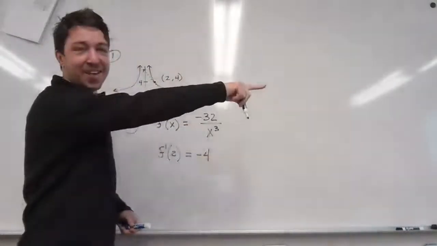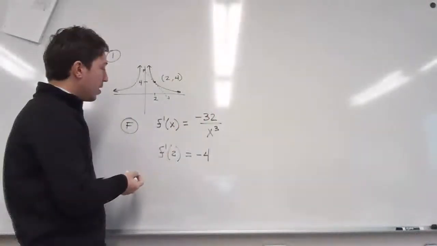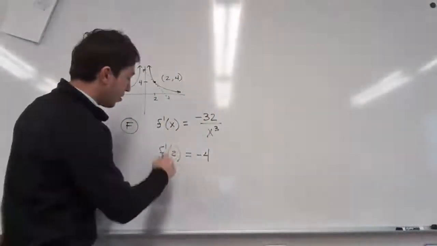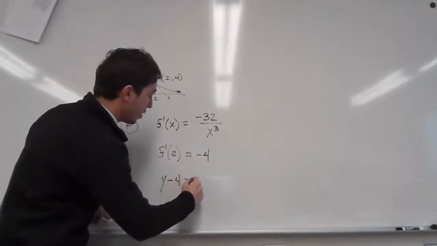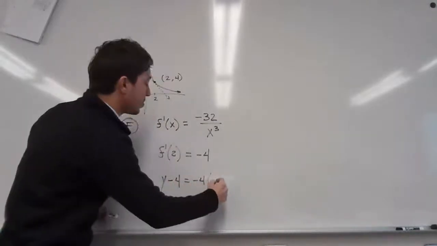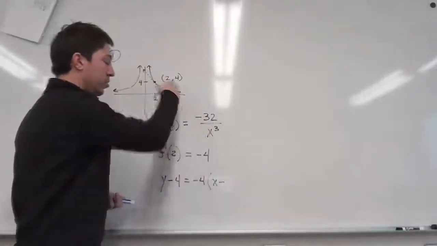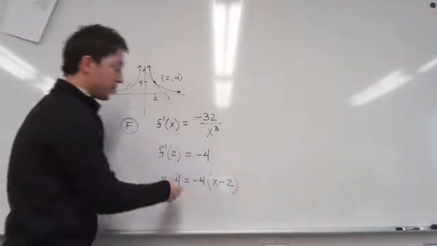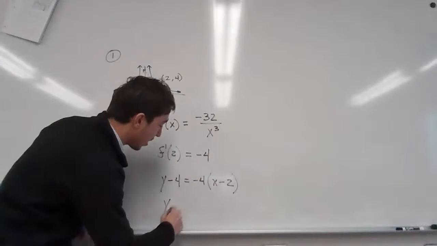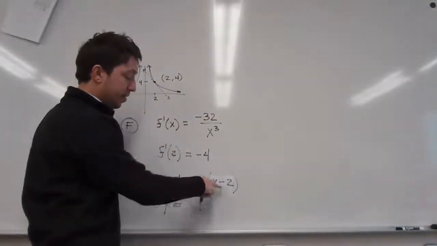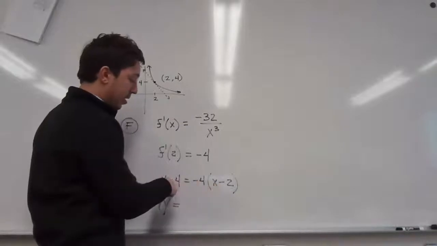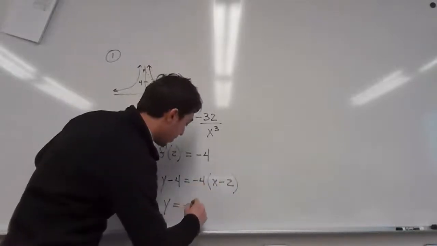Okay, you kind of knew that from the answer choices. And then using point slope form, you'd go y minus 4 equals negative 4 times x minus 2. And then you rearrange that: negative 4 times negative 2 is 8, and you add the 4 over.